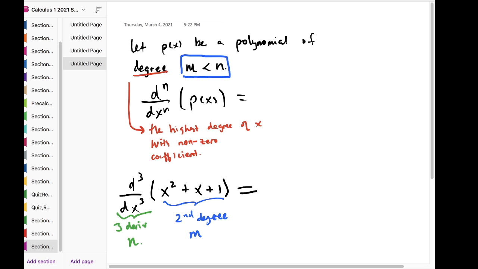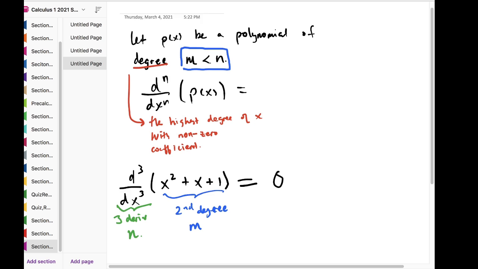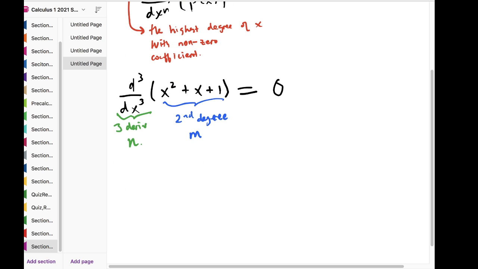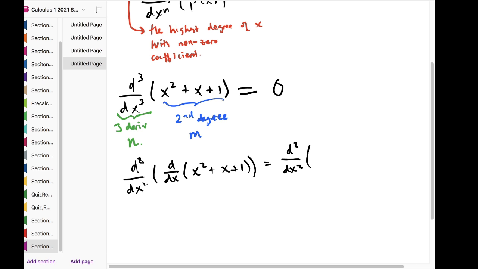It's 0, yeah. So to see that, what's the first derivative of x squared plus x plus 1? Yep, it's 2x plus 1.